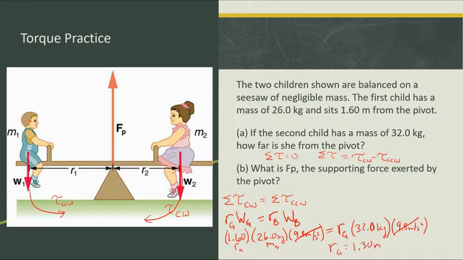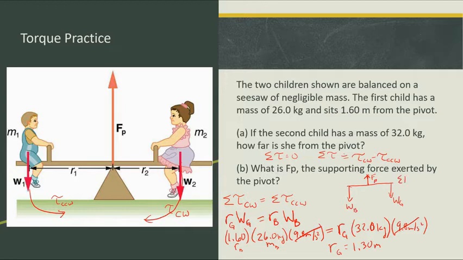Now the question says, what is the FP, the supporting force exerted by the pivot? Well, if you think about it, what are our forces? So we have our board, and we have the weight of the girl. We have the weight of the boy. And because it's in equilibrium, we have the force of the pivot going up, and the force of the pivot is going to balance that.